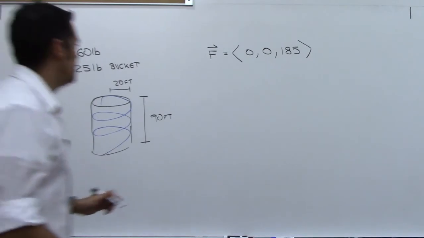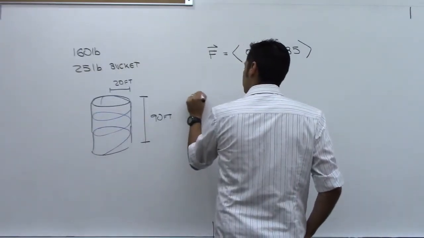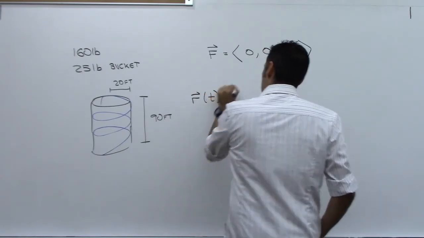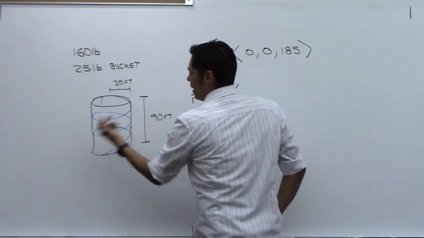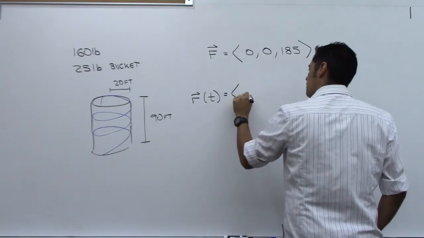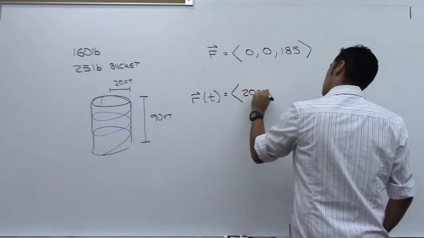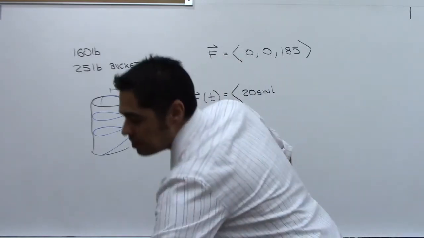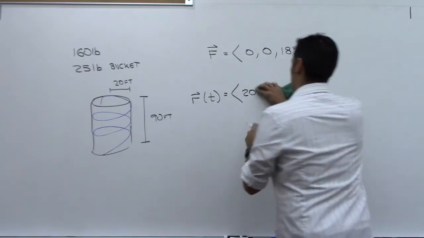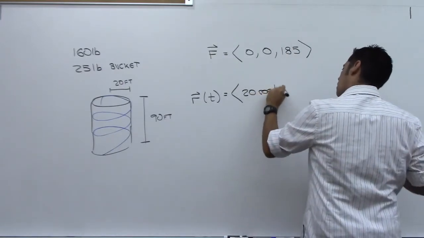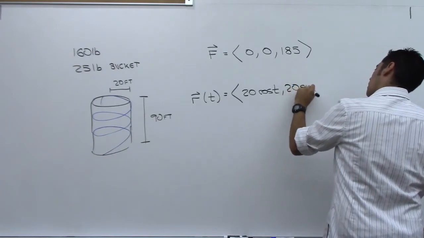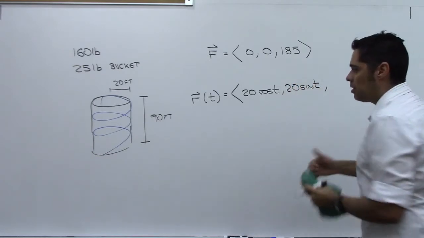And now I need to come up with a parametric representation of this curve. So the way we did it is first we drew a circle with radius r, okay? So that was 20 cosine t, 20 sine t. But then we need to go up.